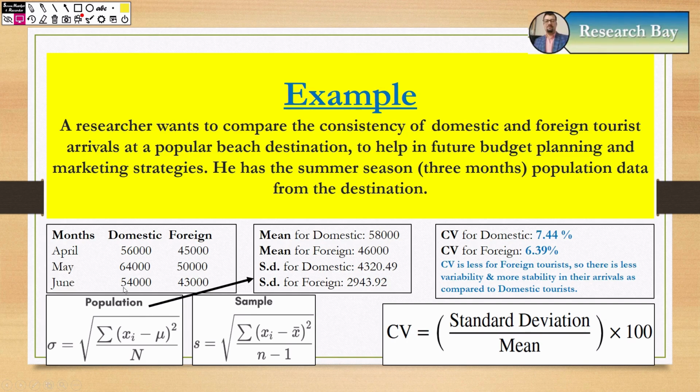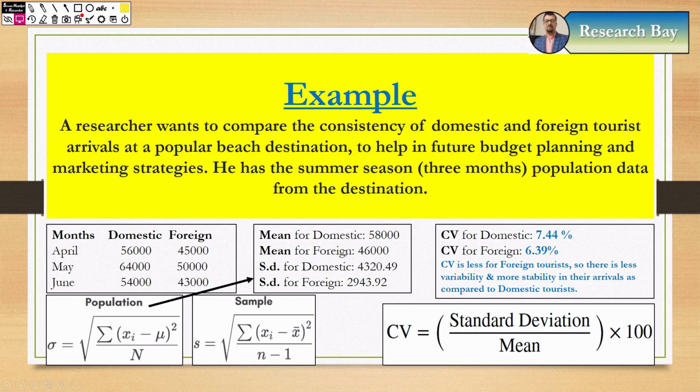So we do it for all three observations, add it up because it's a summation, then divide it by n, which is 3. 3 months are there, right? And then we find the square root of this to arrive at the standard deviation. So the standard deviation for domestic is 4320.49. Standard deviation for foreign tourists is 2943.92.